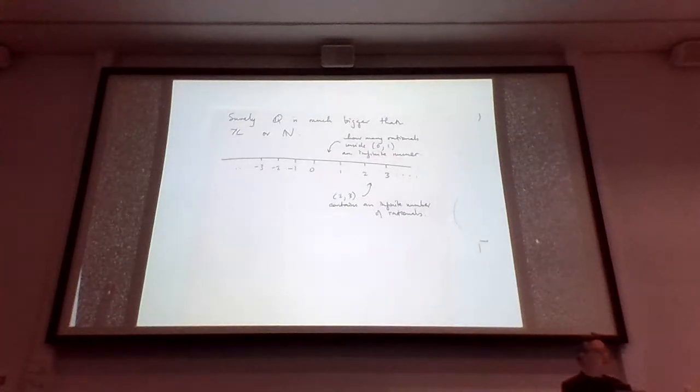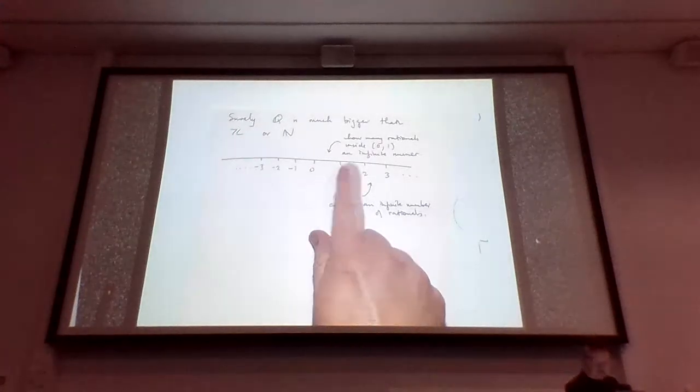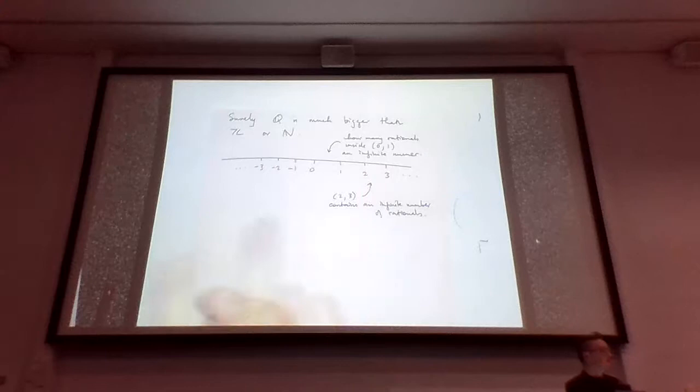You can make the denominator as large as you want, and that potentially can give you rational numbers on a very, arbitrarily small scale. So there's an infinite number of rational numbers here, and here, and here. In any interval you look at on the number line, there's an infinite number of rational numbers.